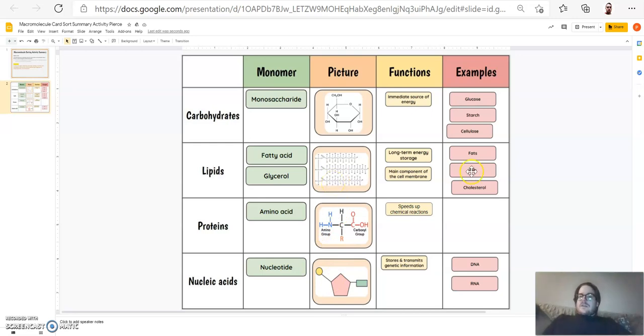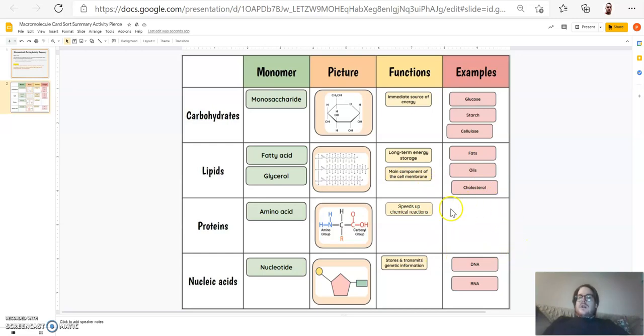Cholesterol, along with steroids and some of your hormones, are lipids, and they look a little different than fatty acids or glycerol. But good job. I'm happy you didn't fall into the trick of putting it into the protein, which didn't have an example.